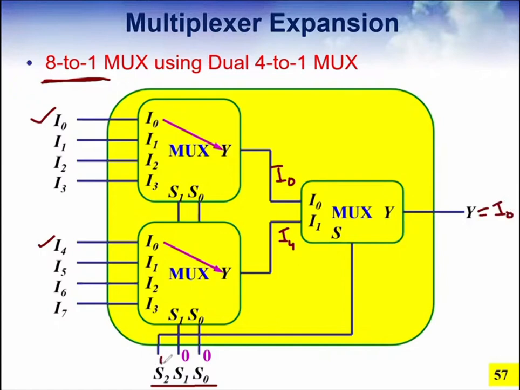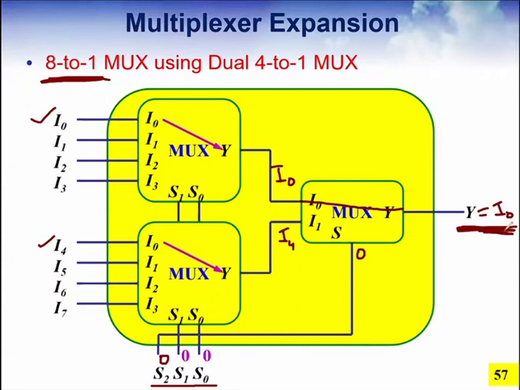Because if I say 0, 0, 0, then y should be I0 in the case of an 8 to 1 multiplexer. All right. So if I make it 0 here, tell me which input is going to be connected with y? The lower I0 or I1? I0. So what you will be getting here is y equal to I0, correct?